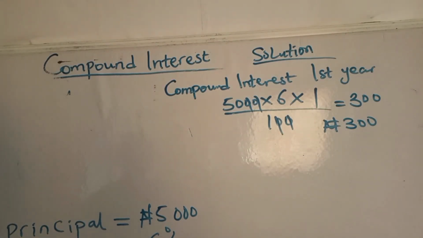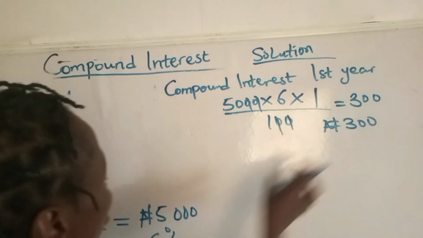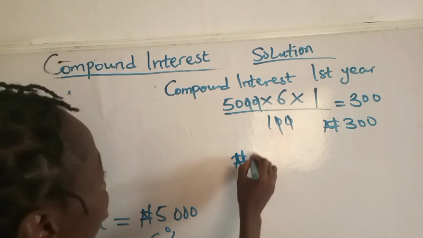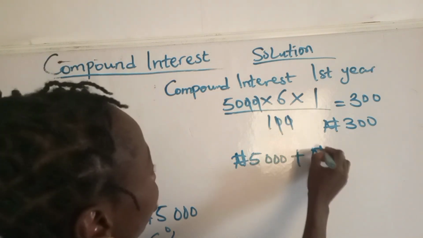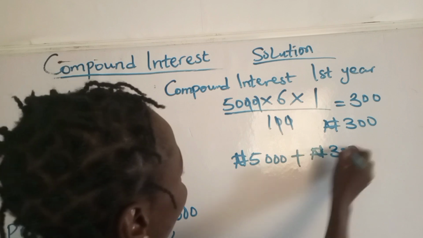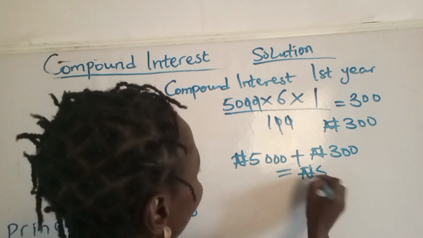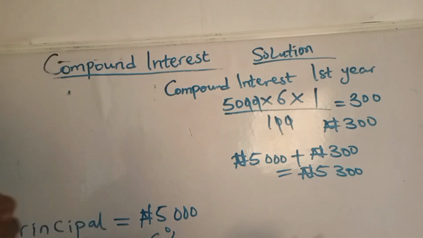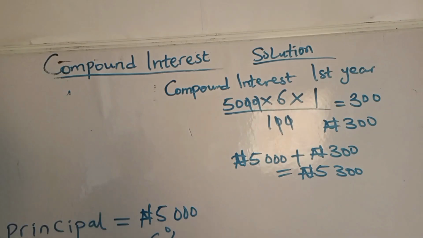We will add this 300 to the principal, which is 5,000 plus 300. Our answer is 5,300 naira. For the first year, this is the interest. 300 has climbed that 5,000, making it 5,300 naira.